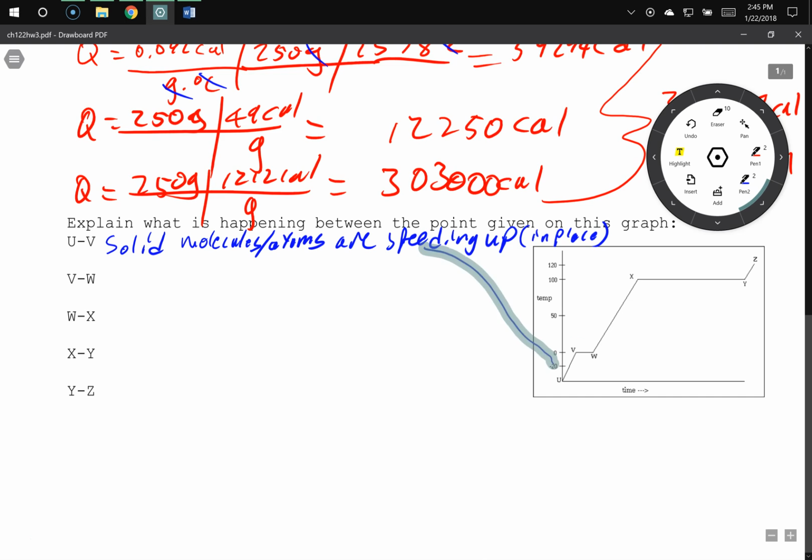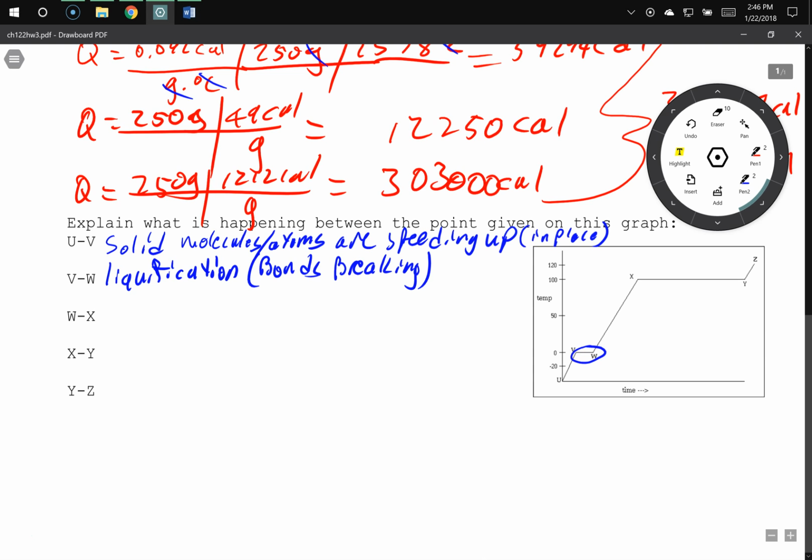All right, so what about here from V to W? What's happening? The molecules are separating. Okay. So liquefaction, they're no longer stuck in their spots.